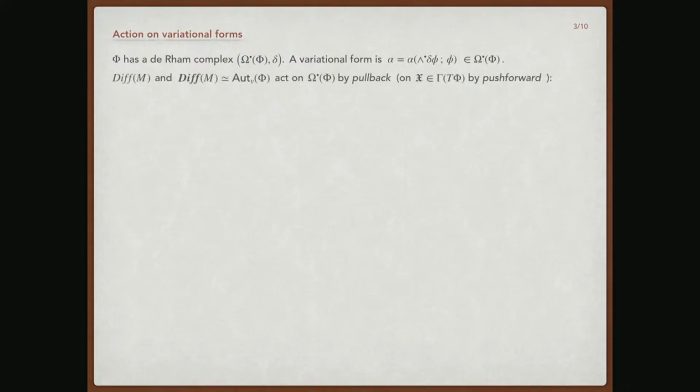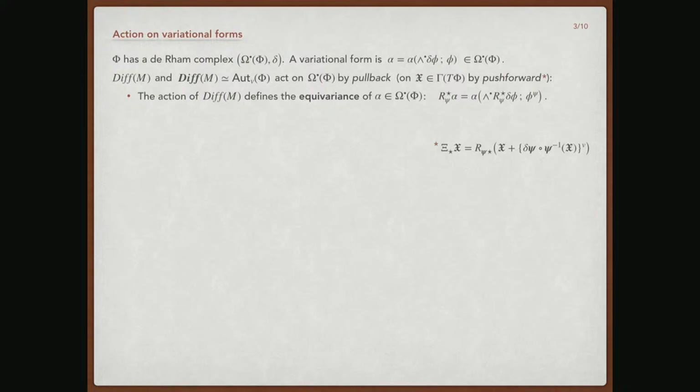So let's see. Both the structure group and the gauge group act on forms, typically by push forward. So let me move on, because those are details that maybe are not super important. So the point is that the action of the structure group defines the equivariance. The action of the gauge group defines, of course, gauge transformation, quite naturally, like that.